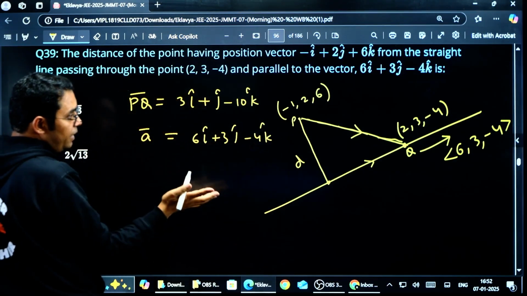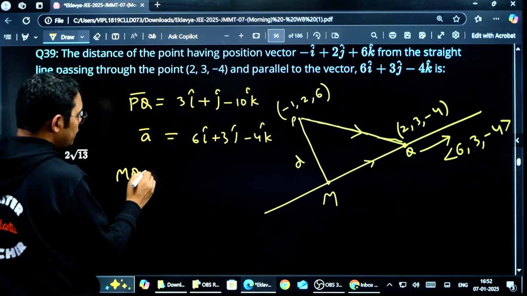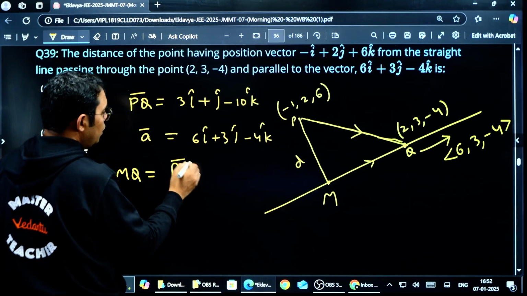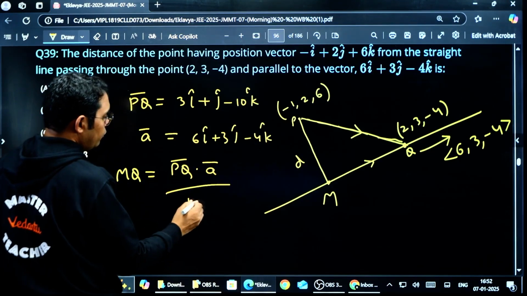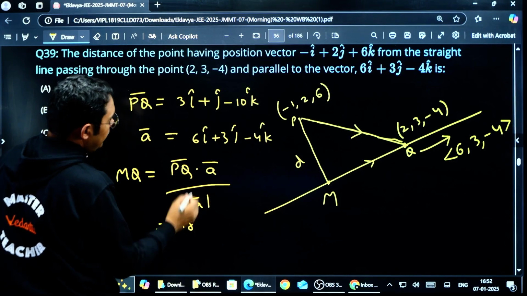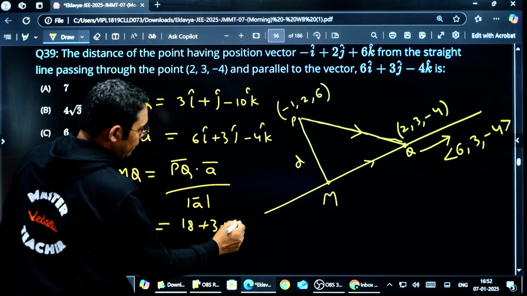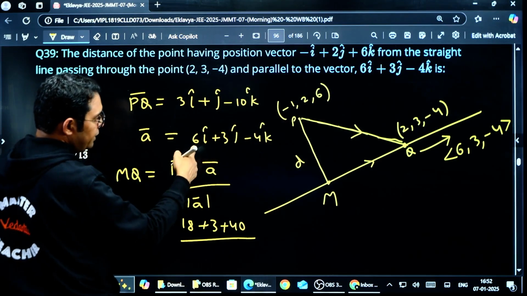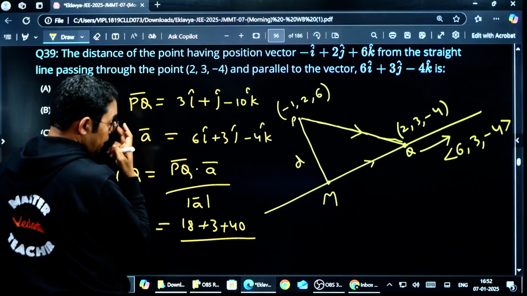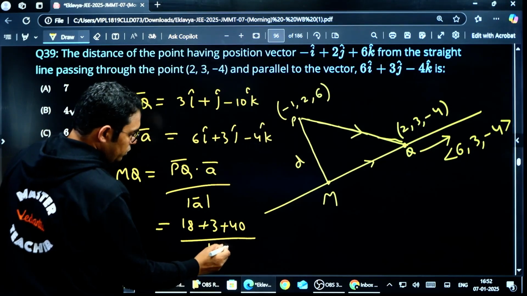Now if you take the projection, and this point is, let us say, M, then MQ is nothing but the projection, which will be equal to PQ dot A upon mod of A. So PQ dot A is what? 6 into 3, 18, plus 3 plus 40, whole divided by under root of 36 plus 9 plus 16. 36 plus 9 is 45, 45 plus 16 is 61. So root 61.